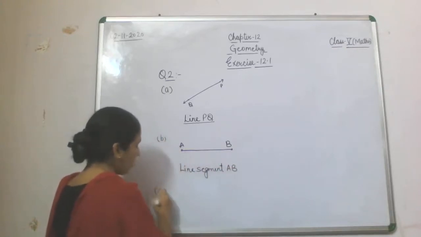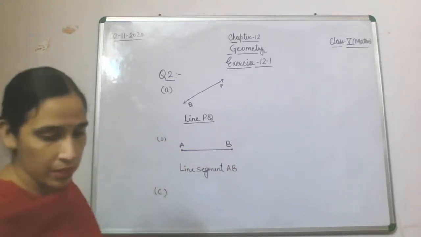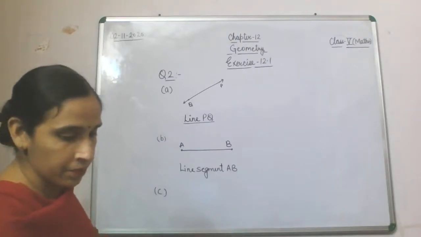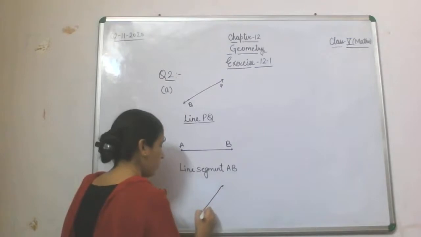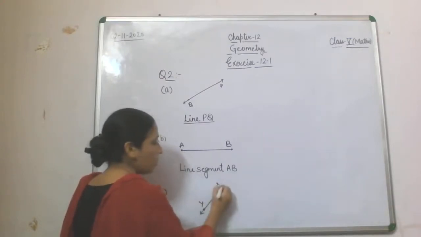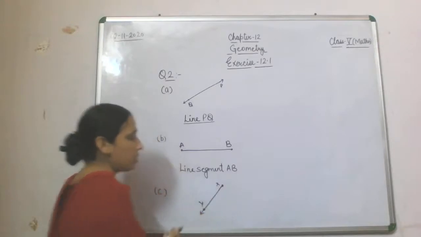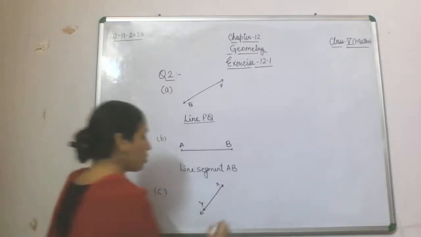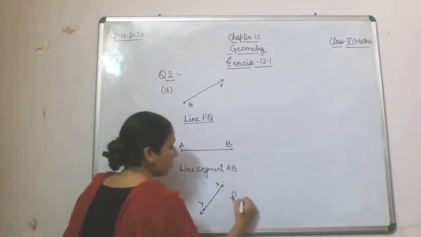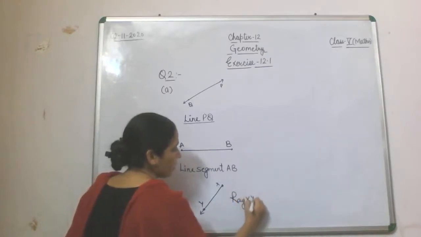Now let's come to C part. X and Y. Now here you can see only one endpoint is there. It can be extended. So what is it? It is ray XY.